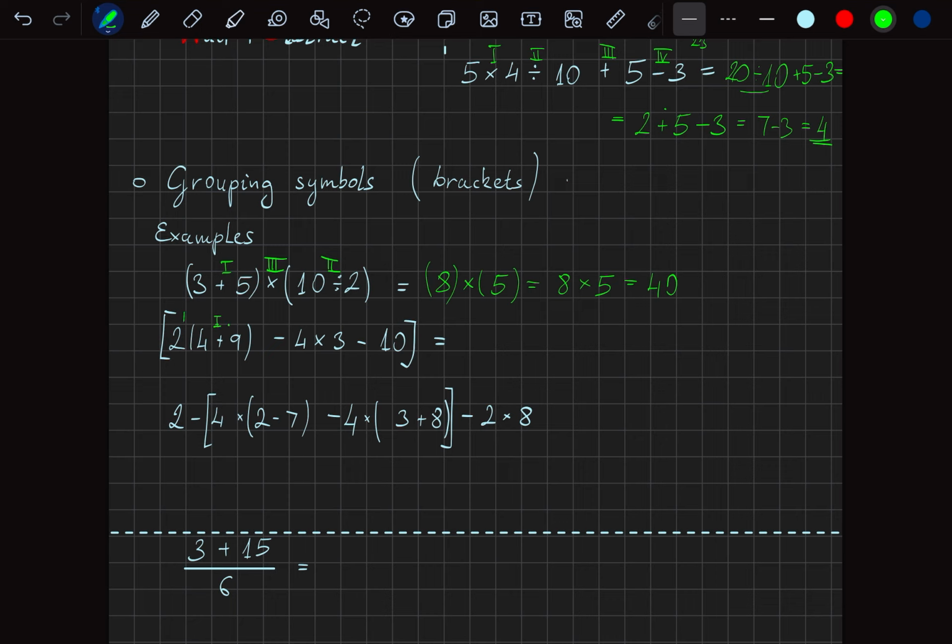First, second, third, fourth, and fifth. So bracket 2 times, we solved the bracket, 4 plus 9 is 13, minus 4 times 3, it's 12.